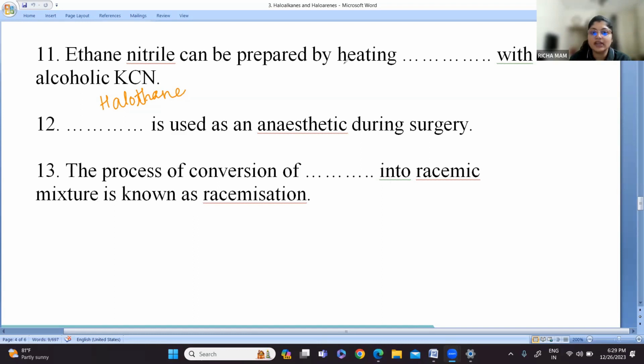Enantiomers. Yes, Vidya has answered it right. The process of conversion of enantiomers into racemic mixture is called racemization. Good.